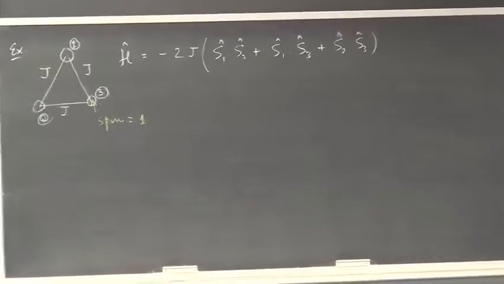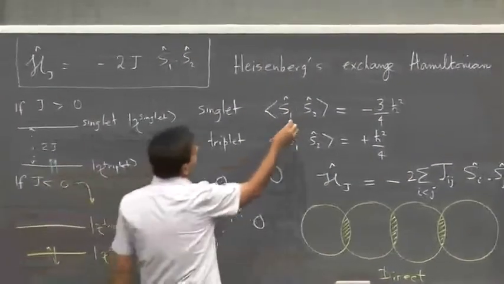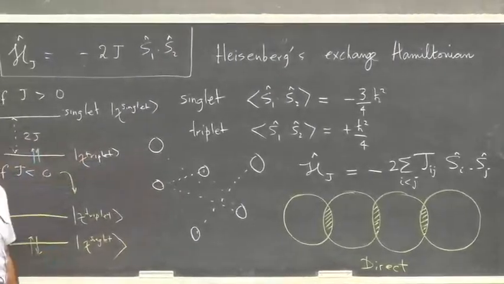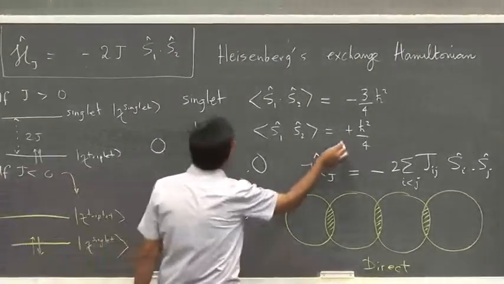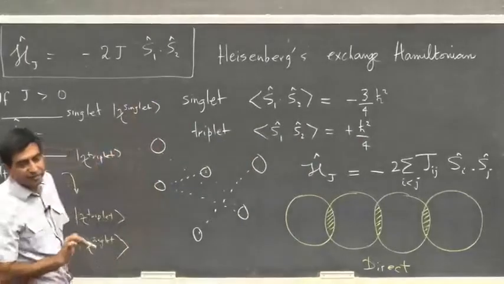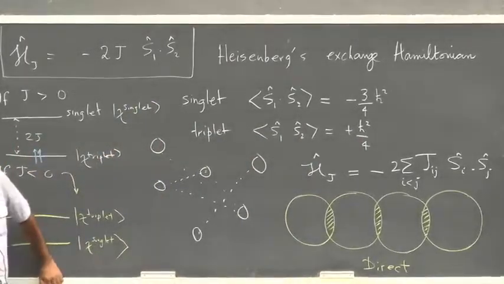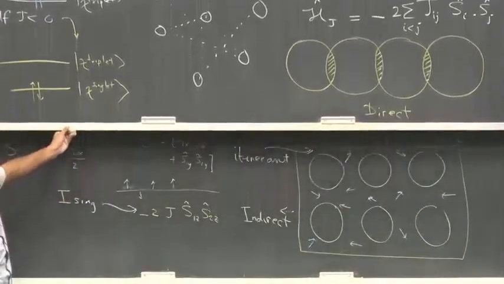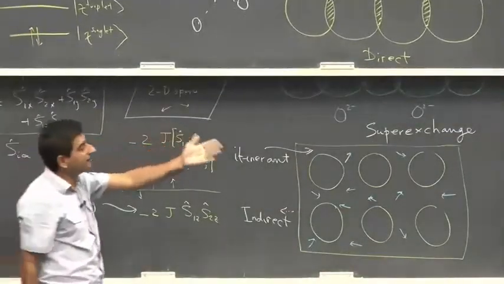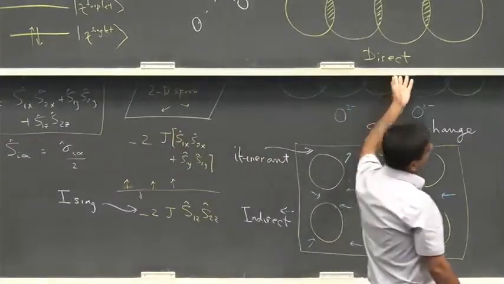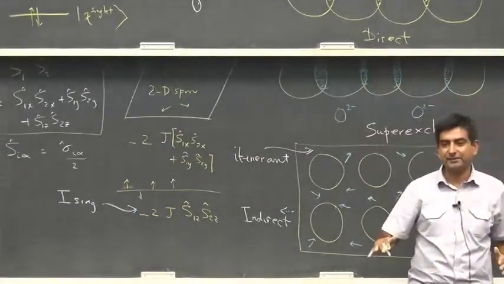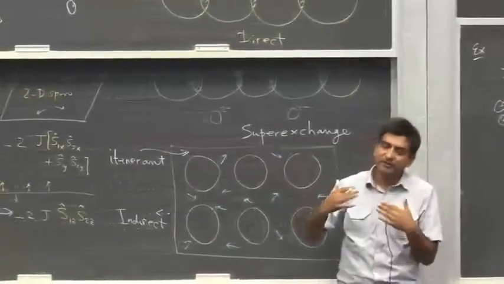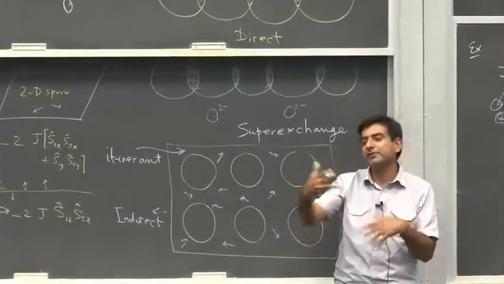Which really means that we insert this value for the singlet in here, multiply with minus 2J, and we get the energy of the singlet state. We insert this value, multiply it with minus 2J, and we get the energy of the triplet state. Okay? So now what we would like to do is find out how many possible states exist. You see, in this 2 spin half example, you have one singlet and 3 kinds of triplets.